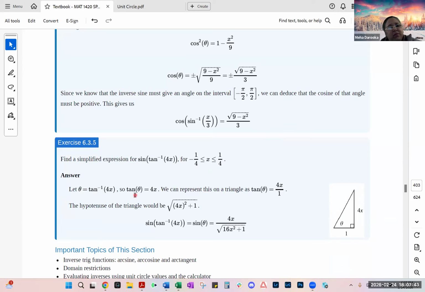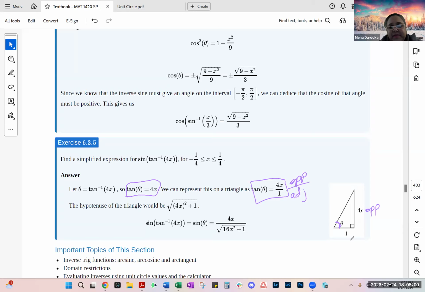We can then simplify this into tangent of theta is equal to 4x. Now you will see they went back to using the right triangle over here. So of course, if this is our angle theta, and we write that tangent theta of 4x as 4x over 1, then remember the 4x will represent the opposite side, the 1 will represent the adjacent side.